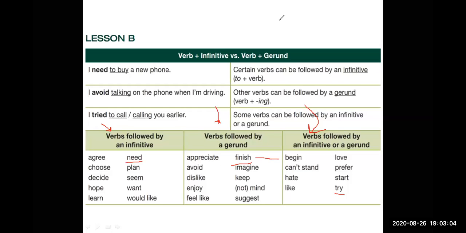I am going to wait for everybody to finish, and then I am going to correct.